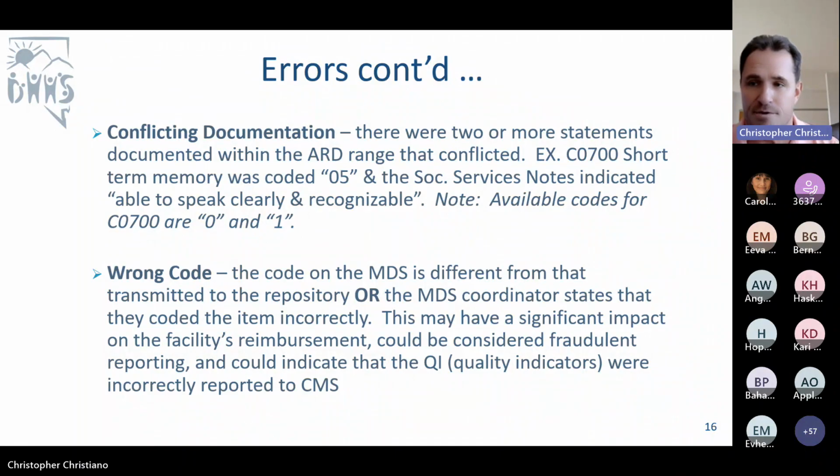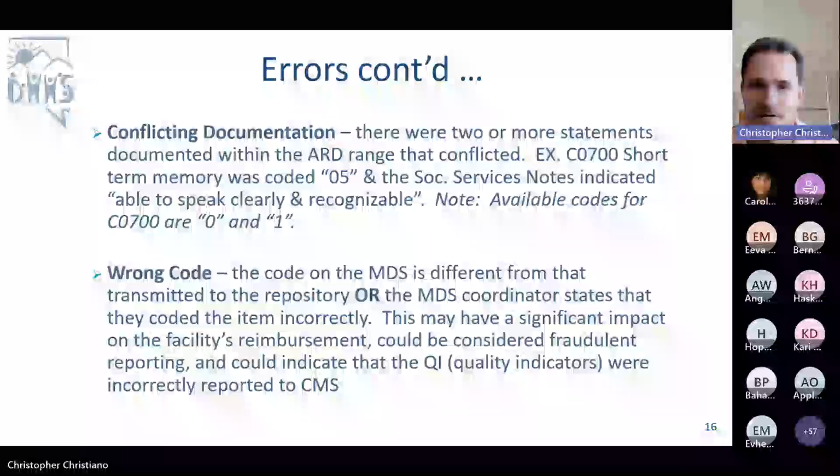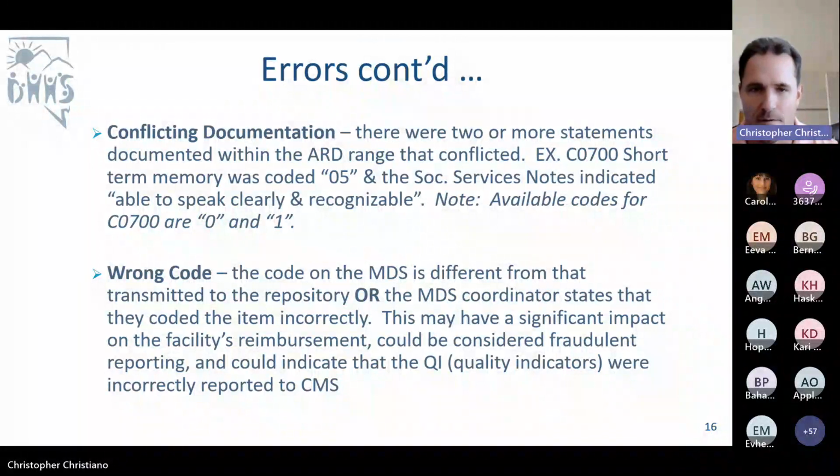We will give you that opportunity, an ample amount of time to discover that documentation, and we do realize that it's hard to find sometimes because we're looking at records of patients who may have been discharged. Sometimes they have very large records, and sometimes it comes down to going to the paper chart rather than the electronic health record to find that information. So it does take time, and it is a time-consuming process for those of you who have not participated in these types of reviews before. Hopefully, the remote review will make this all easier for both sides, okay?